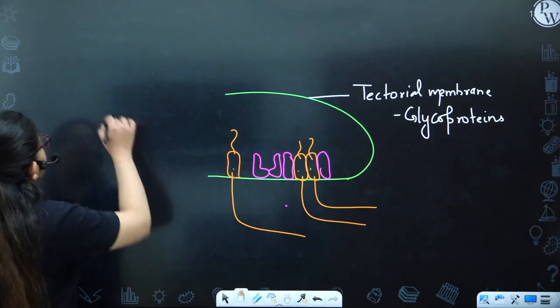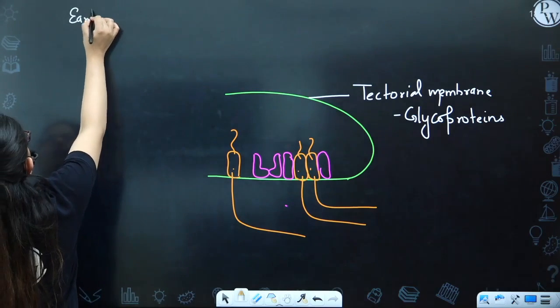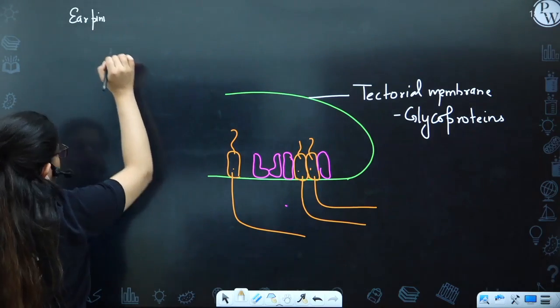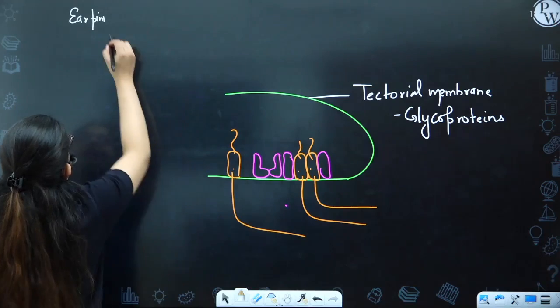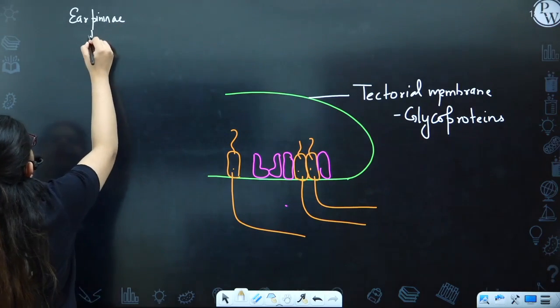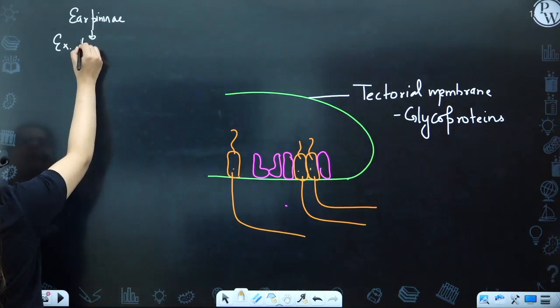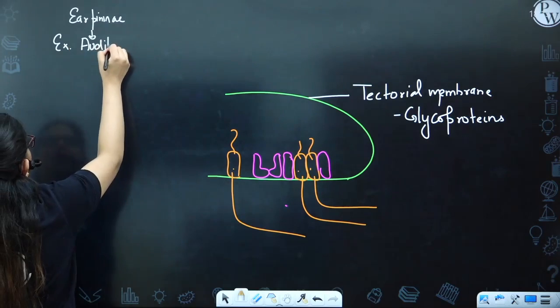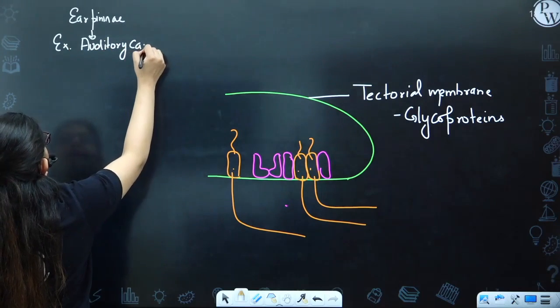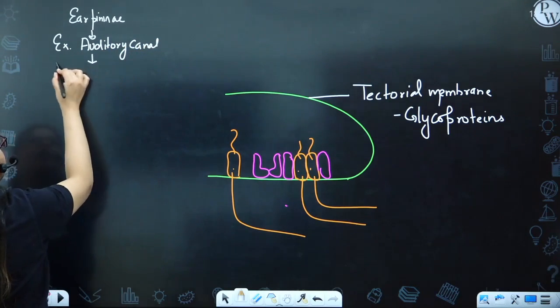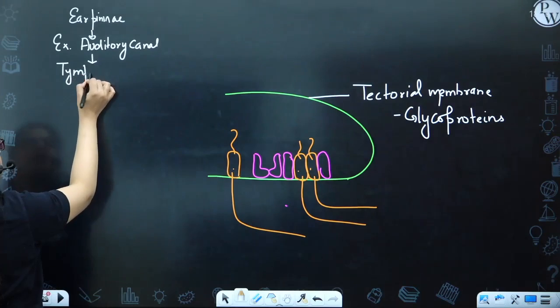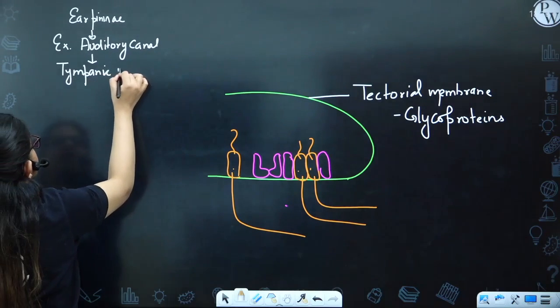Okay, now what happens is your sound waves will enter into your ear, then the external auditory canal. Okay, let's just write it. First, it will enter into the ear pinna, then the external auditory canal. The ear pinna will just collect the sound waves. Then these sound waves will hit the tympanic membrane and will be converted into vibrations.